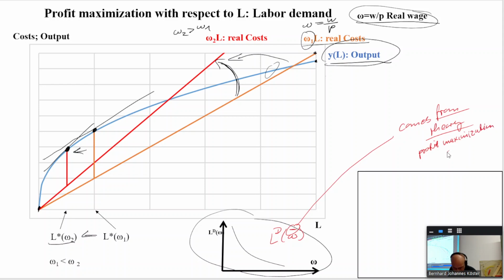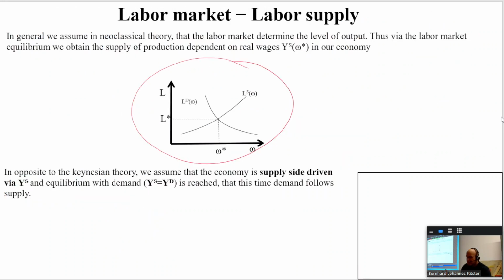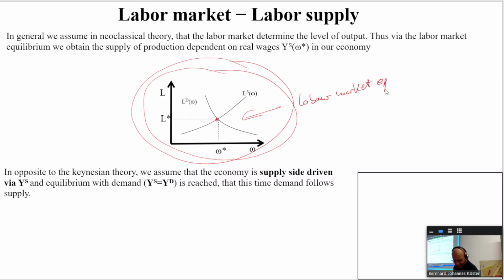Okay. And together with these two aspects from the demand and the supply side, we can put them, supply and demand, together in one diagram, calculating the intersection of our two functions, and this is then the labor market equilibrium.